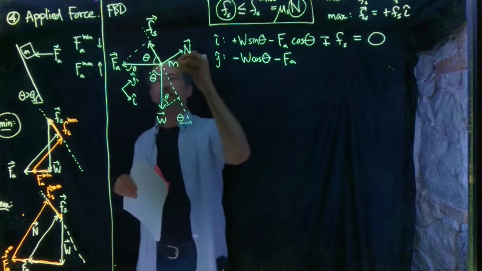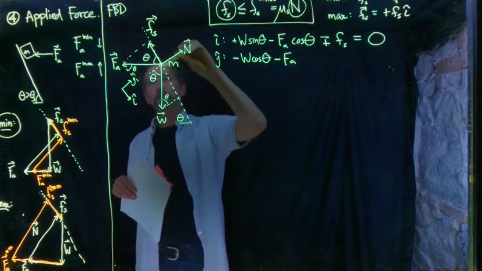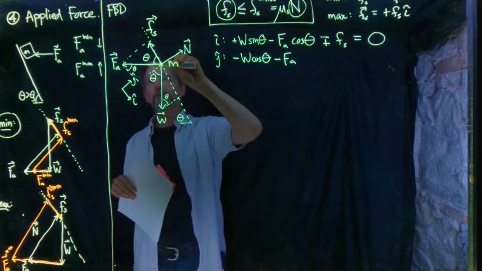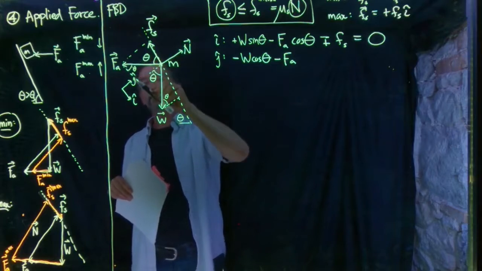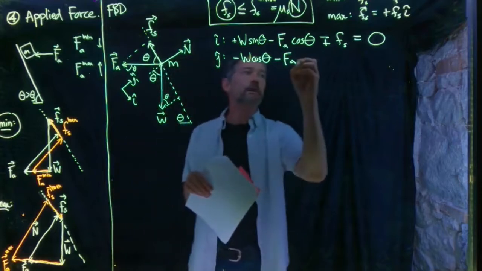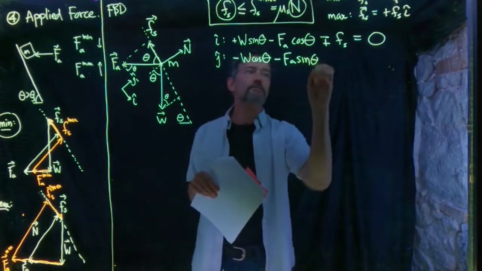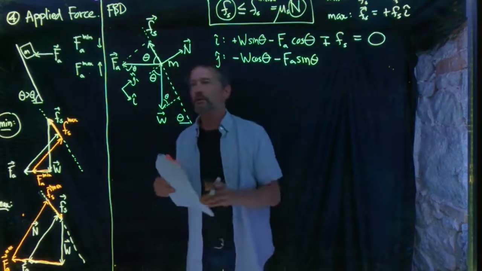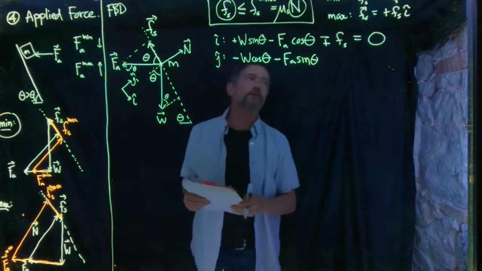We're interested in this j hat projection, so that's the hypotenuse. Times cos theta will give you that, and times sine theta will give you that, which is what we want. So it's minus Fa sine theta. So just work slowly and carefully and make sure you don't make sign mistakes.